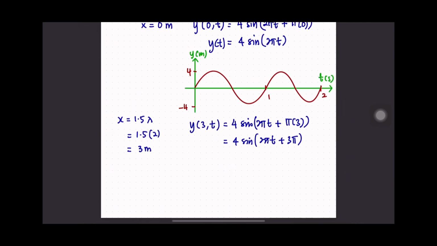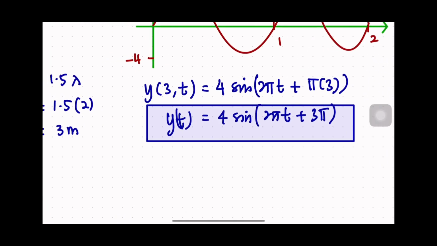So, you kena shift graph y against t dia kepada graph shift sebanyak positive 3 pi. Positive here means that shift axis to the right. Okay? Sebanyak berapa? 3 pi.